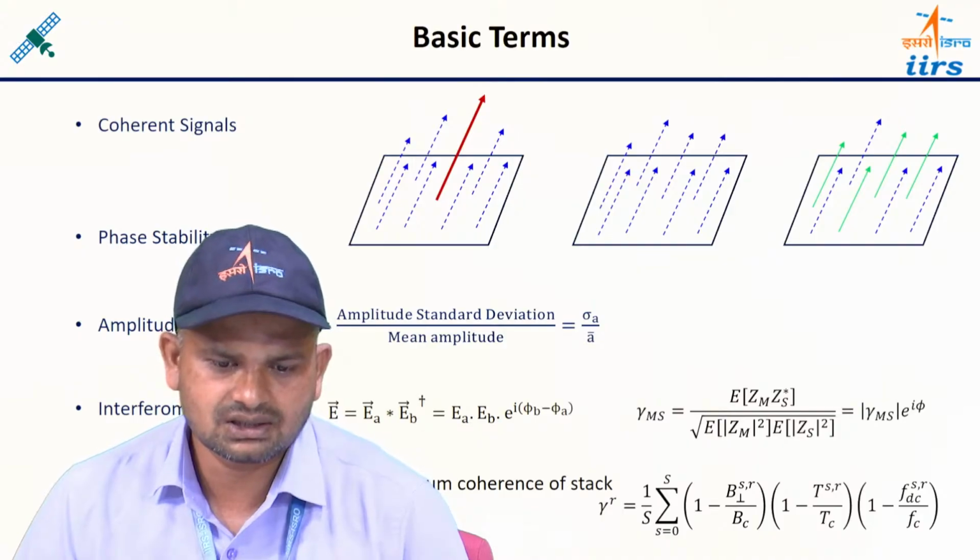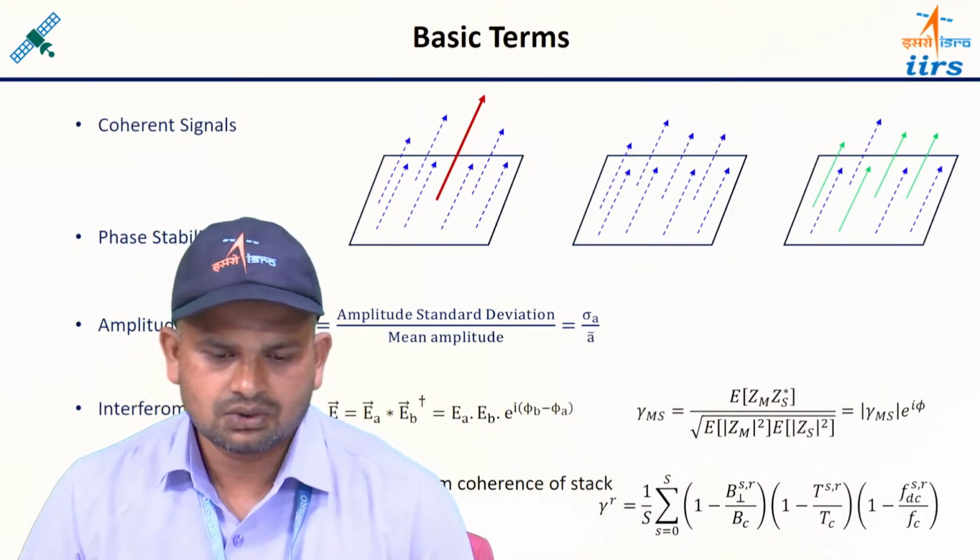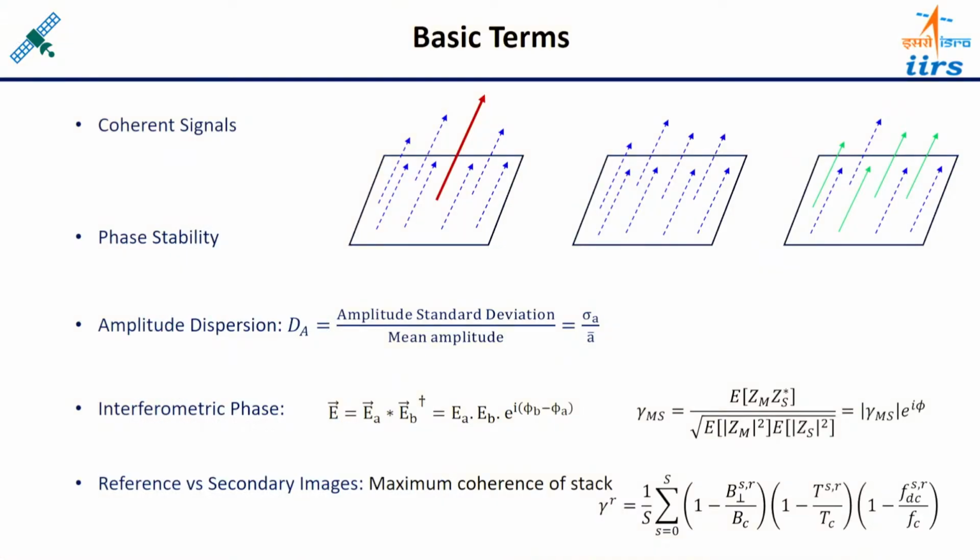So the first thing is the coherent signals. Whatever InSAR techniques we are going to apply, in all the techniques basically the signals should be coherent in nature. Coherent means, as you know, for generating one single interferogram at least two images are required.